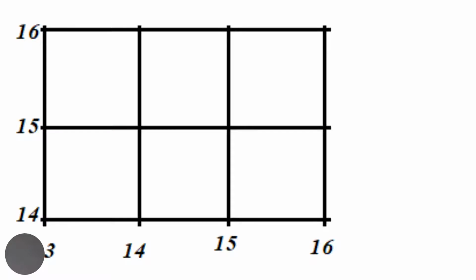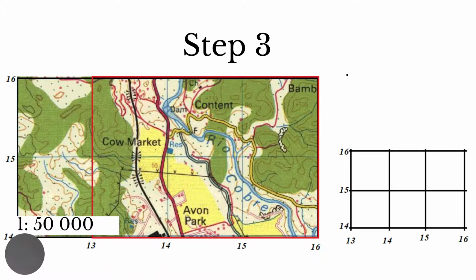The first thing we will do is to draw a grid of the area of the map that we have selected. Notice that the scale of the original map is 1 to 50,000.